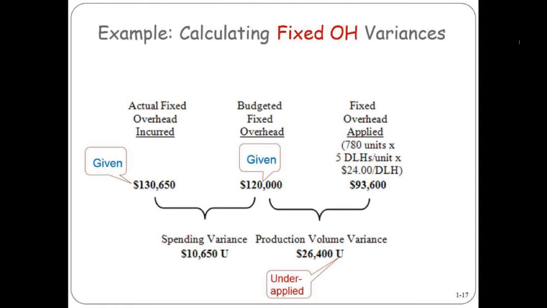Ultimately, this is what was spent. This has to be costed out. So you have to allocate this out in some fashion. Quite often, it's due to your choice of this denominator. That's what kind of drives the allocation. So what you would do for future periods is rethink this. Why was it so far off?